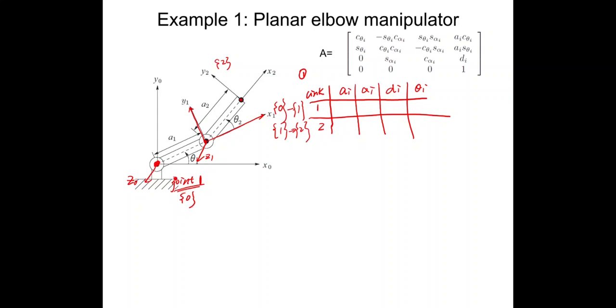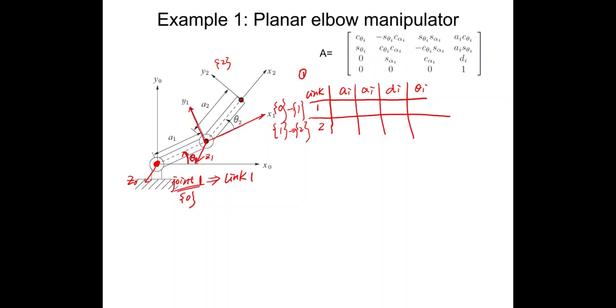If we have a motor here and we actuate joint 1, we are actually moving link 1. Because this is a revolute joint, we generate theta 1.